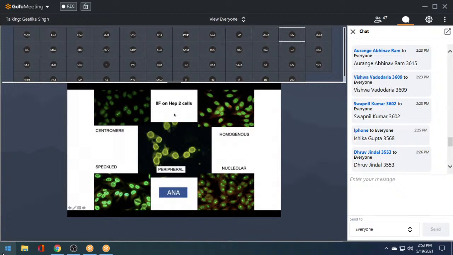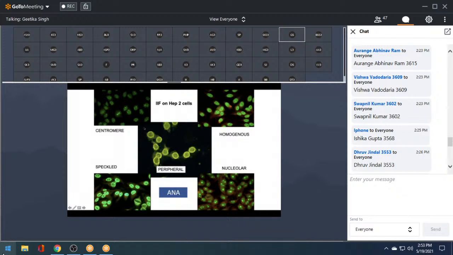So what do we need? If I want to detect anti-nuclear antibody, I just need a nice clean layer of cells which have nuclei. So these cell lines have now been standardized for this investigation. And when we run the IIF, we will see presence or absence of nuclear staining. But not only that, we will also see the patterns. Okay.